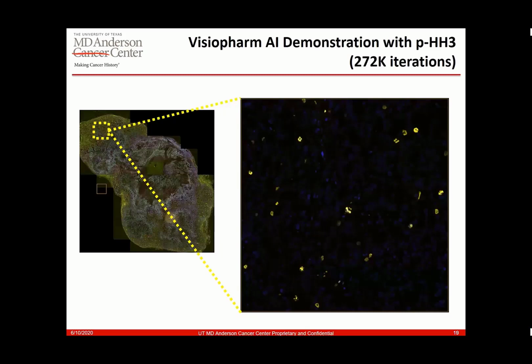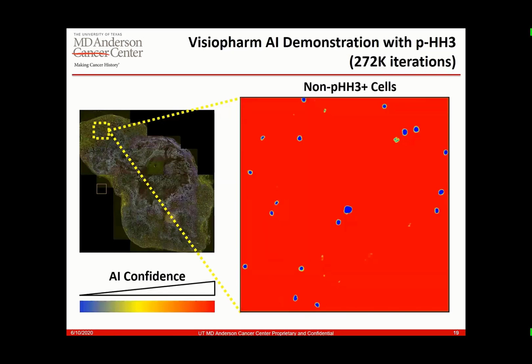You can go from an image like this, where you can see there's a heterogeneous population of phosphohistone H3 cells. And you can see it took a lot of training to do this, 272,000 iterations in a deep learning algorithm. And what you can do is tell it to ignore everything else, so non-phosphohistone H3 cells.